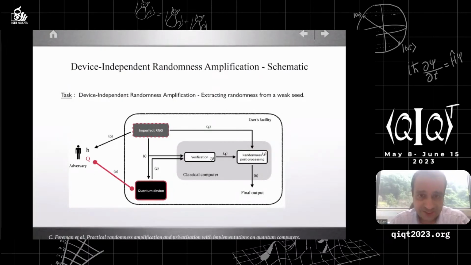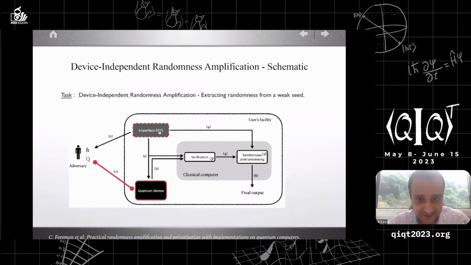So what's the schematic? What's the general idea? You have users, Alice and Bob. They have an imperfect RNG, which is like a seed that may have been prepared by the adversary. The adversary may also have some side information that is correlated with this RNG.